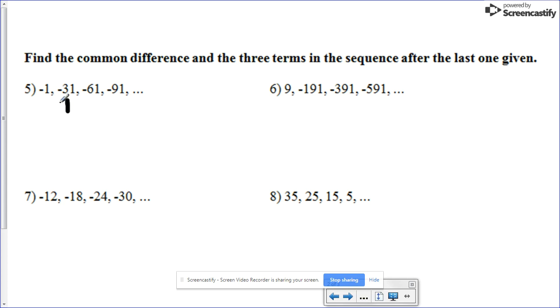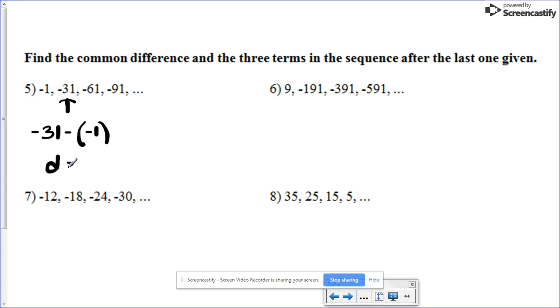So I'm going to take this second term, and difference means to subtract. So I'm going to subtract -1 from it. You know that two negatives right there become a positive. So the difference of -31 and -1 is -30.